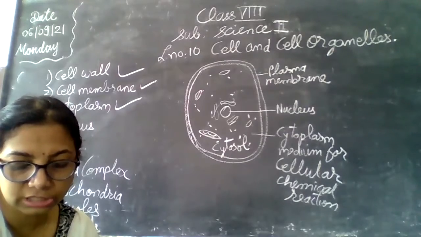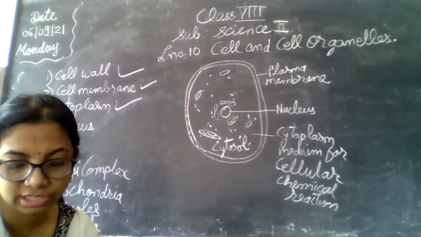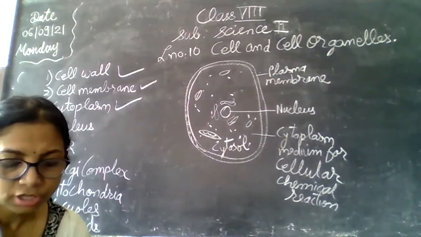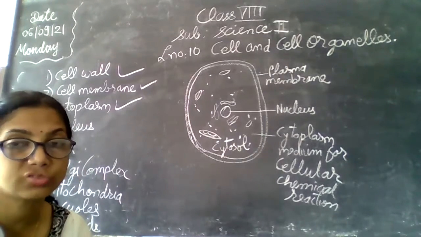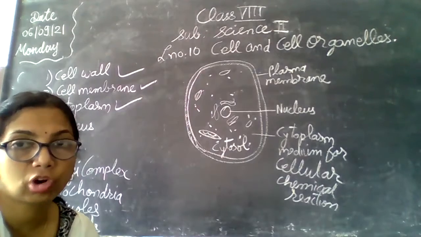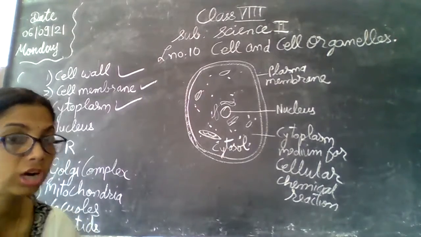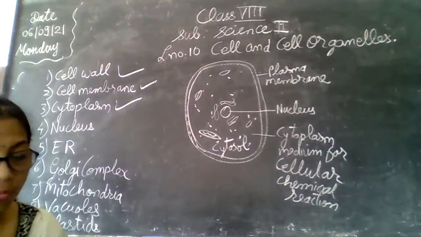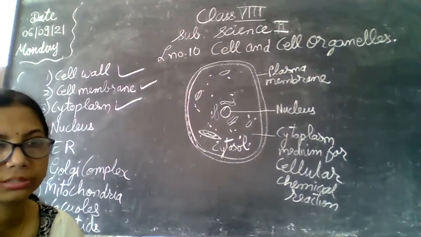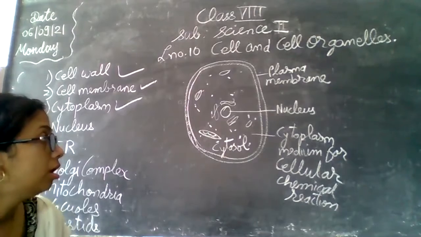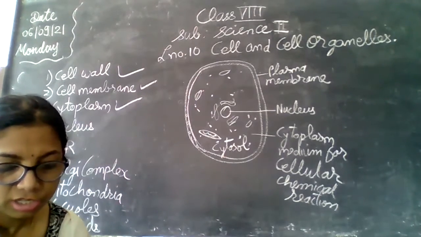All others will be observed just like dots otherwise. So to study all these cell organelles, we need an electron microscope, otherwise we cannot see them. They are very minute. Each and every cell is microscopic, and then you can imagine all the organelles inside the cell.